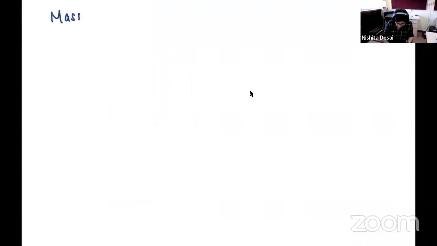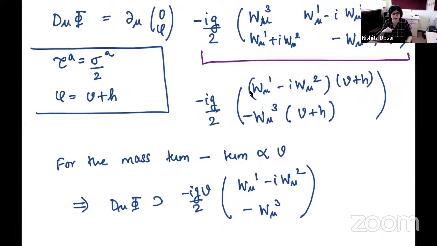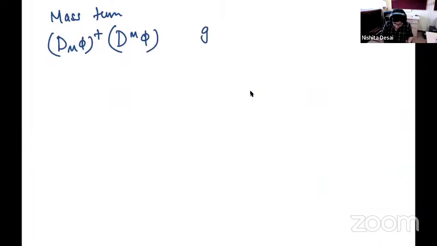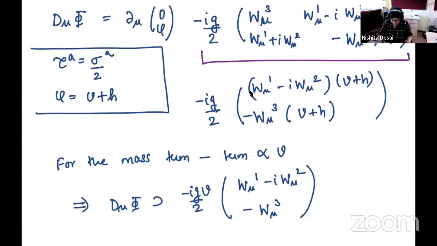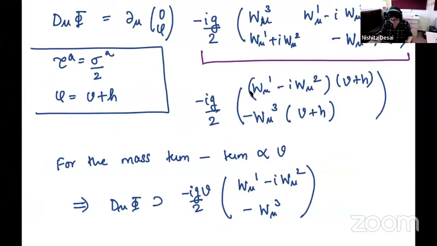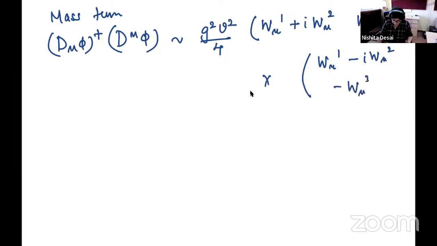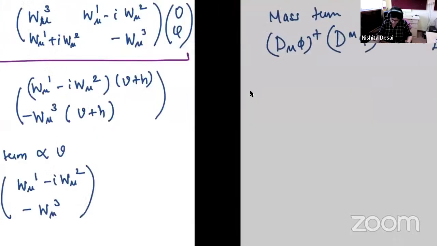And the mass term will come from this term transposed and taken the complex conjugate of. Okay. So that gives you this, right?